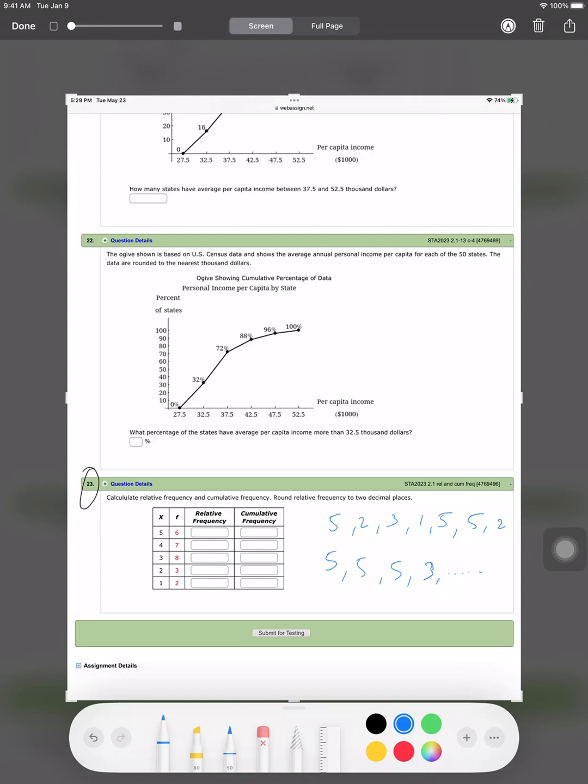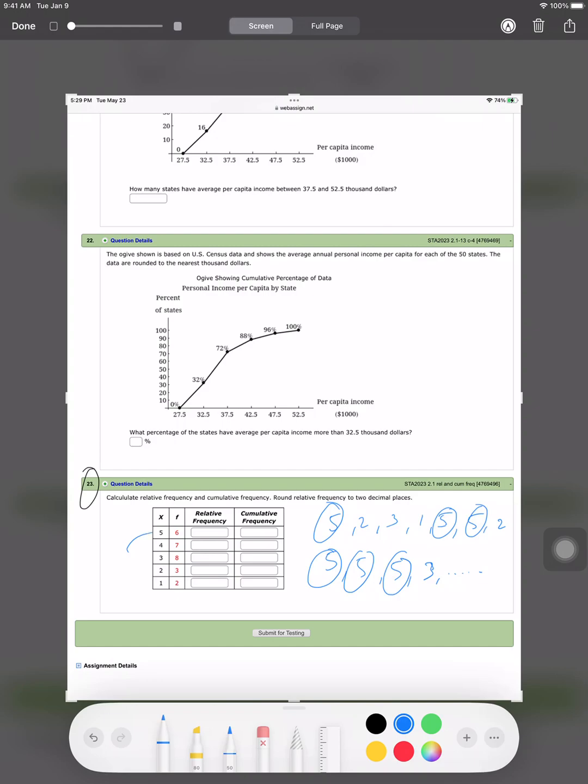I have all these numbers and I want to organize them. If you look carefully, so far I have 1, 2, 3, 4, 5, 6. The number 5 occurs 6 times, or the frequency of the number 5 is 6.